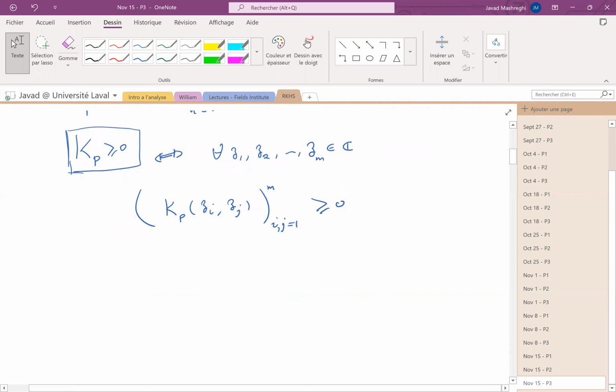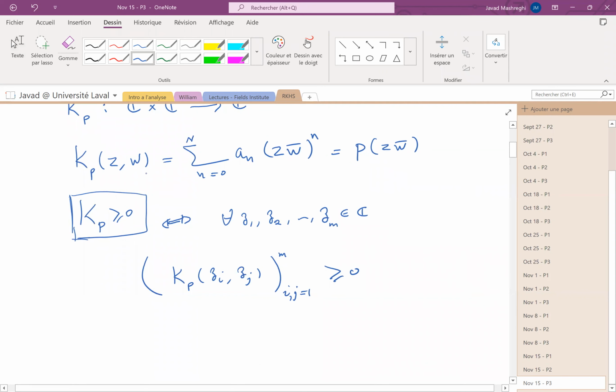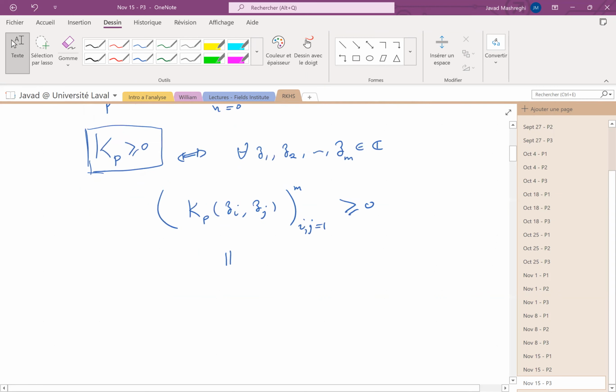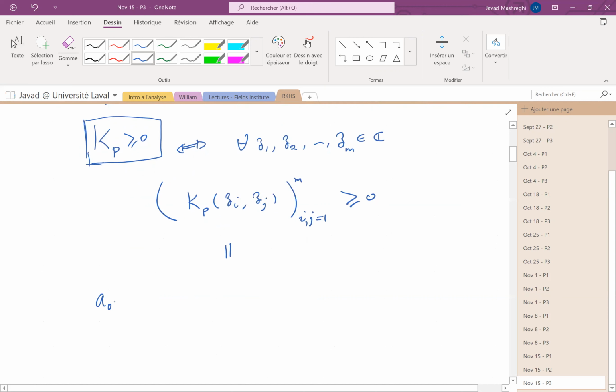If we do the calculation, replace K_P by this formula, you see immediately that this matrix is equal to a_0 J_m, a matrix J_m, plus a_1 Q plus a_2 Q∘Q, the Schur product of Q with itself, and finally a_n Q∘Q∘...∘Q, n times.